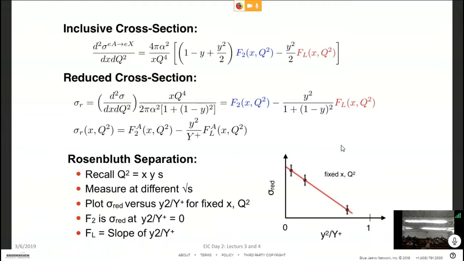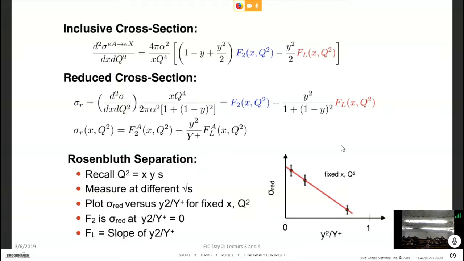The F2 embodies the quark structure distributions inside the proton. FL carries the information about the glue directly from the dynamics of the quarks. There's something called the reduced cross-section. You can rearrange it and write it as sigma_r = F2 minus y squared over Y plus, where capital Y plus is 1 plus (1 minus y) squared, times the FL.